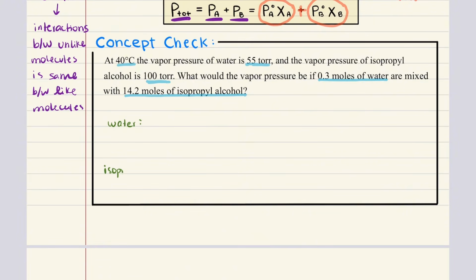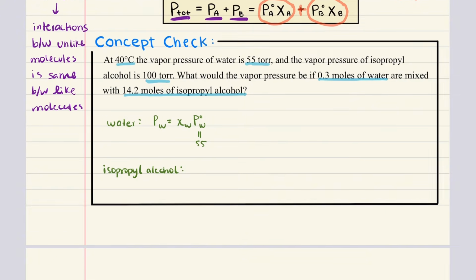Let's start with water. We are given the pure vapor pressure of water at 40 degrees Celsius, and that is equal to 55 torr. To get water's partial pressure above the solution, we're going to multiply that pure value by water's mole fraction in the liquid. Now, we do not have the mole fraction directly, so we have to calculate it.